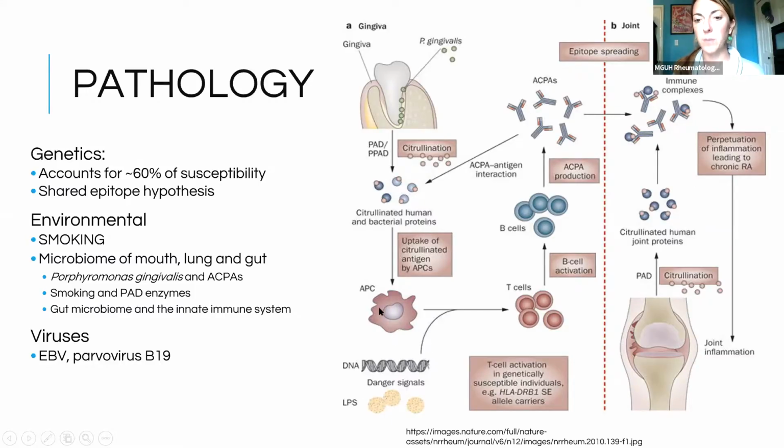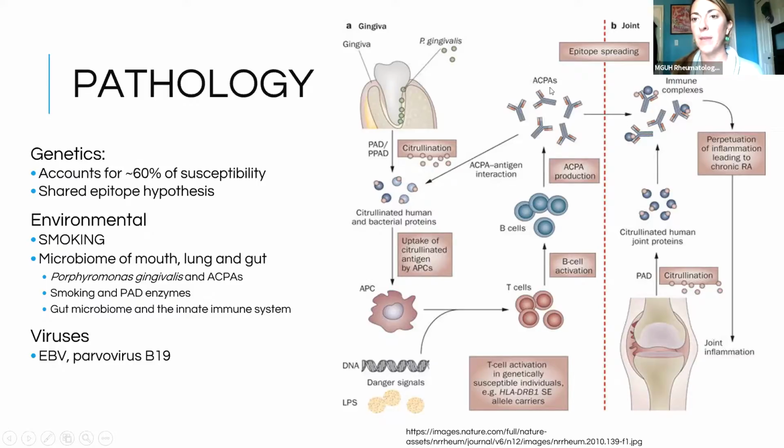For certain susceptible individuals, that stimulation is enough to activate your T cells, which then activate the B cells and lead to production of CCP antibodies, ACPAs for short, the more general term for all the different anti-citrullinated peptide antibodies. So this is a process that we know can occur.